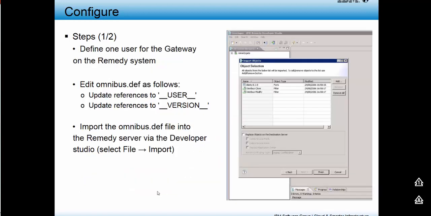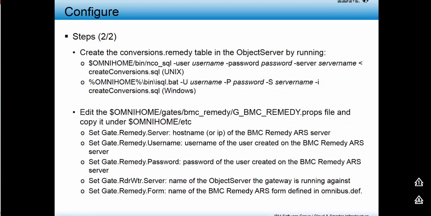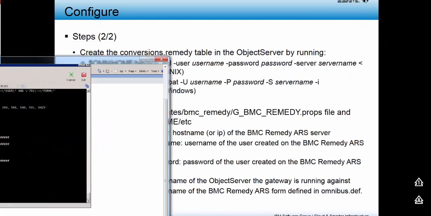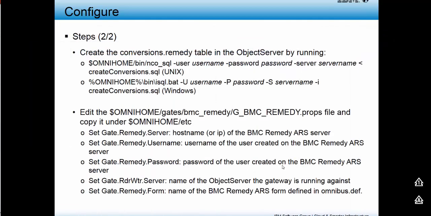In this case it's alerts 810. So here's a very simple example, just a couple of properties I've got in here, and as you can see, once you've set those, you're pretty much ready to start up the gateway.